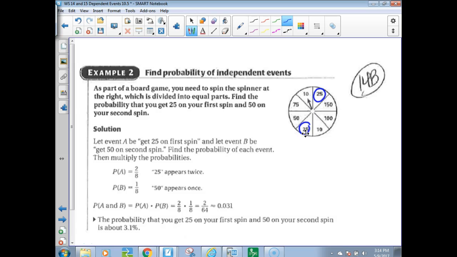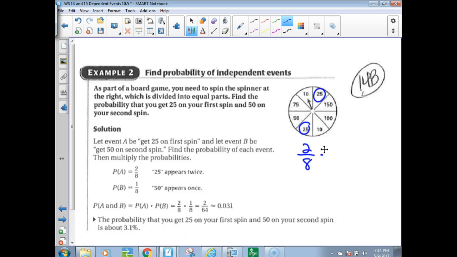So the probability of getting 25 on the first spin would be 2 out of 8. When you're doing the probability of one event and then another event in combination, you multiply. Remember we did ORs, that was when we added.